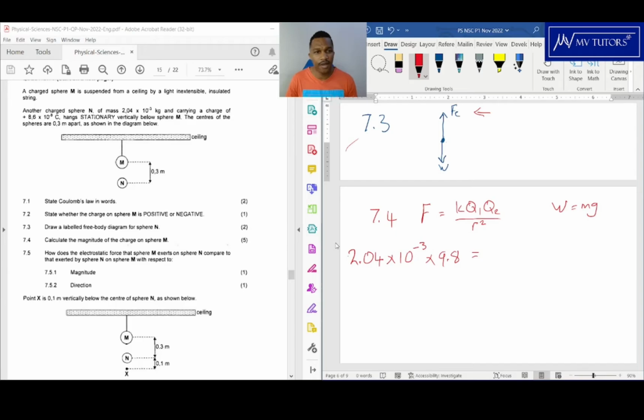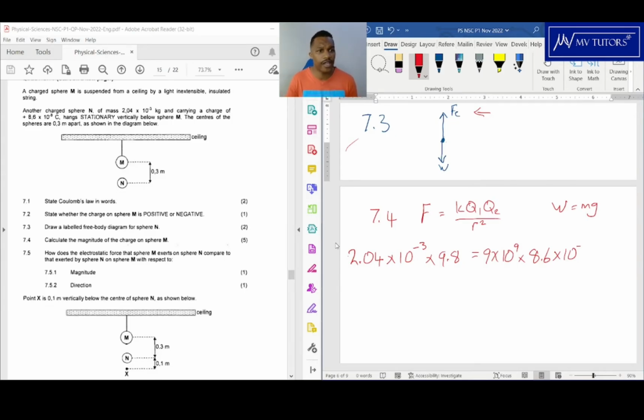K is a constant, which is always 9 times 10 to the power 9, times, for q1, let me make it qn, which we've been given as 8.6 times 10 to the power minus, I can't tell, is that an 8 or a 9?